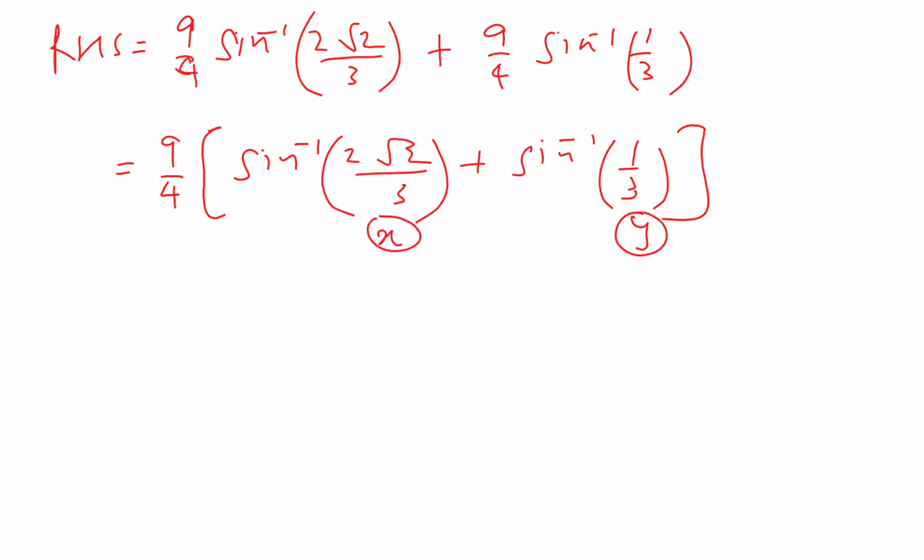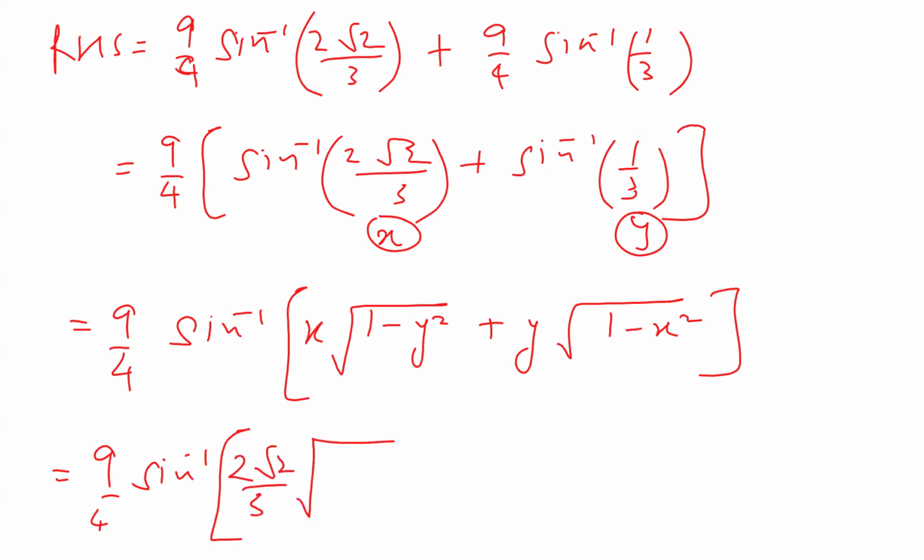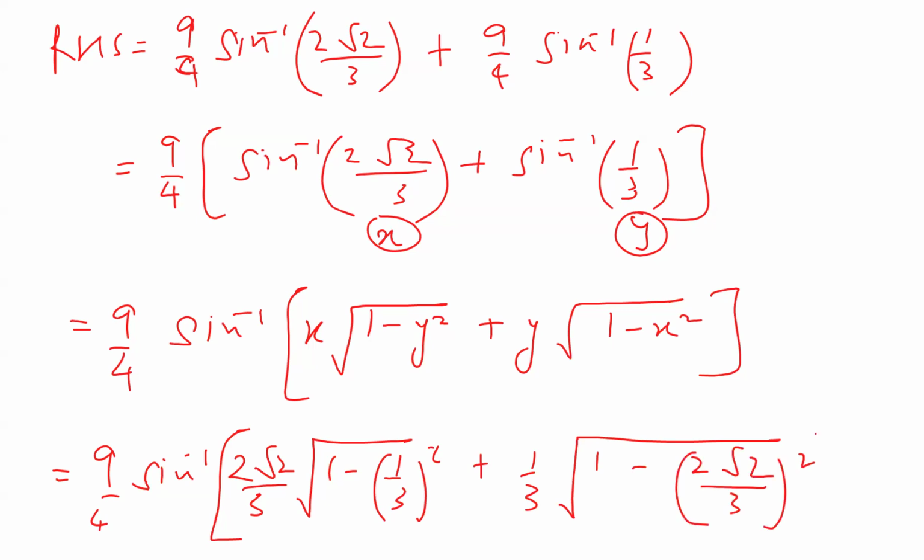So this is x and this is y. So 9 by 4 times sine inverse x plus sine inverse y, that is sine inverse of x root 1 minus y square plus y root 1 minus x square. 9 by 4 sine inverse of 2 root 2 by 3 root of 1 minus 1 by 3 the whole square plus 1 by 3 root of 1 minus 2 root 2 by 3 the whole square.